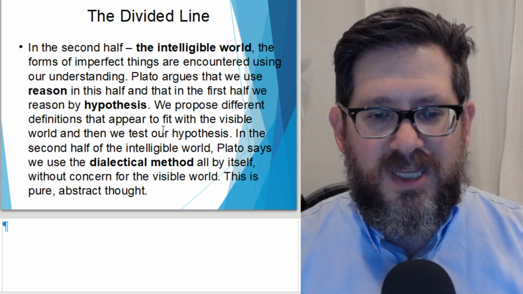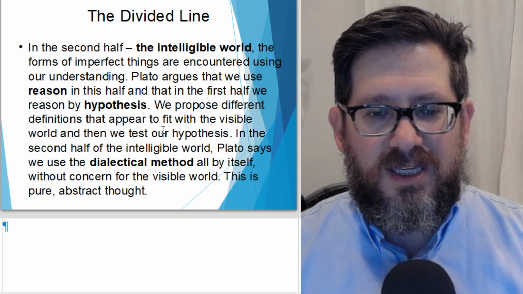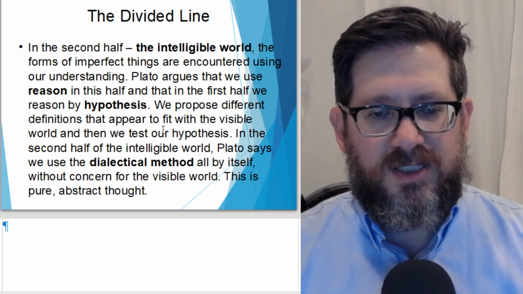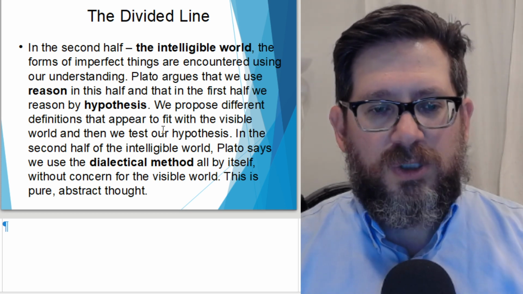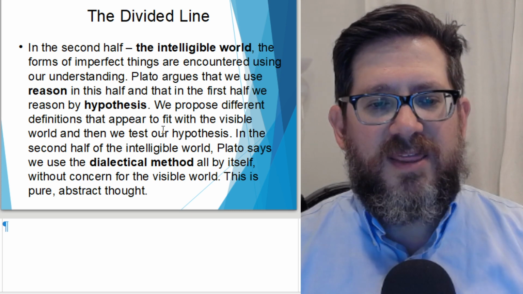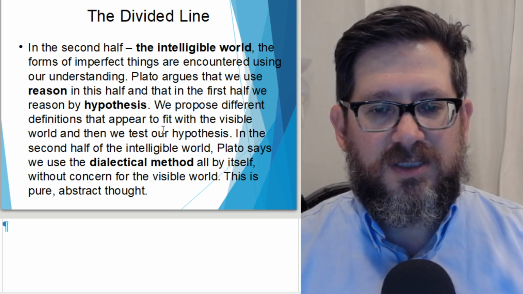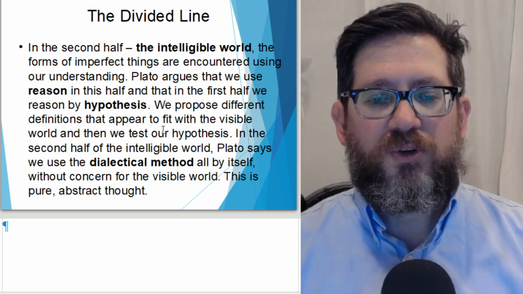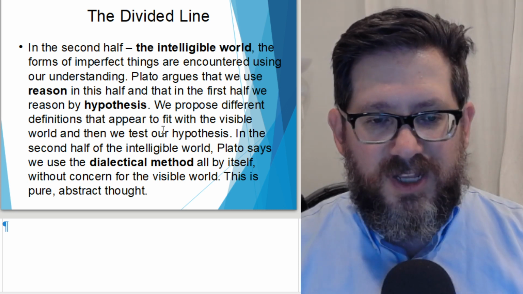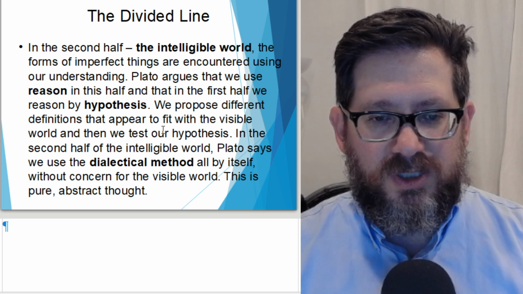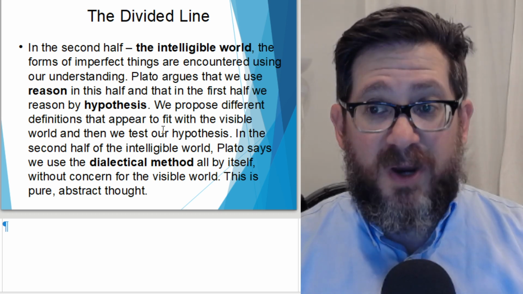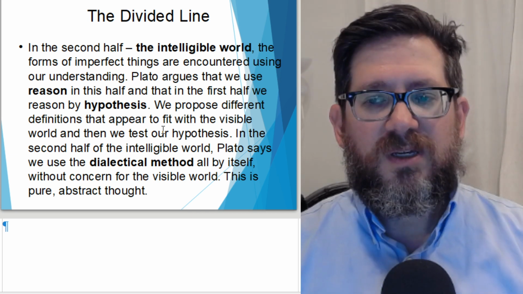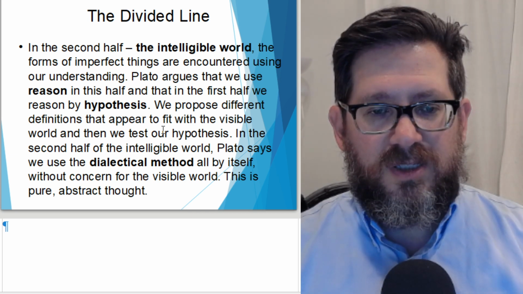And what he means by hypothesis is that we propose different definitions that appear to fit with the visible world. And then we test our hypotheses. And this goes back to what we were doing before. Proposing a definition and then testing it, seeing if it works. Testing it out, experimenting. And then if it fails, going back and proposing a new definition.